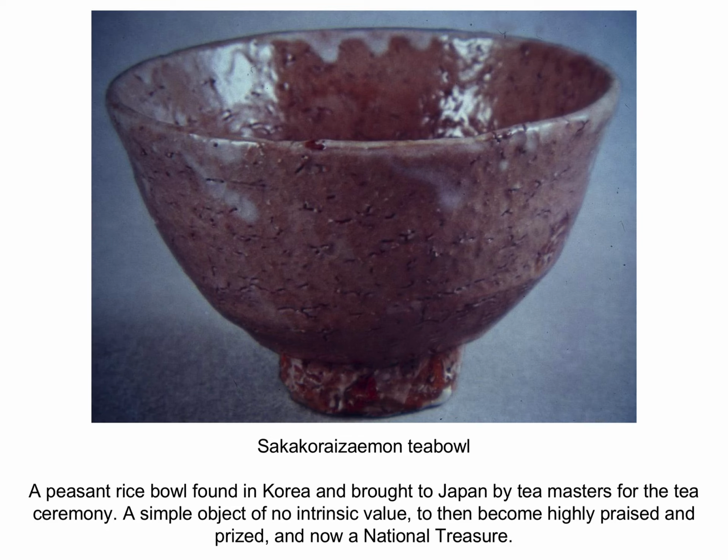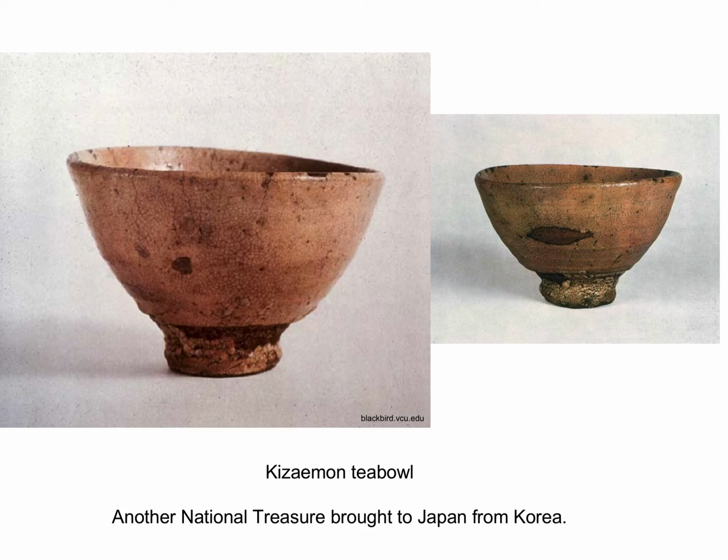They would bring those very simple, very cheap bowls, made anonymously by peasants, to Japan, where they would become highly praised and prized and are now considered national treasures in Japan. So I'm showing you some examples of national treasures brought to Japan from Korea for the need of the tea ceremony.